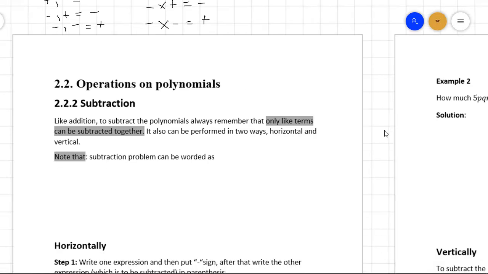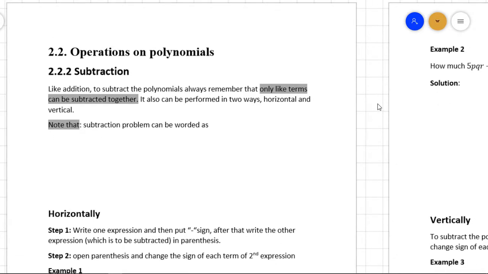Okay, let's start operations on polynomials, and we have to learn subtraction. Like addition, to subtract polynomials, always remember that only like terms can be subtracted together. As in addition we were adding the like terms, similarly we will subtract the like terms.